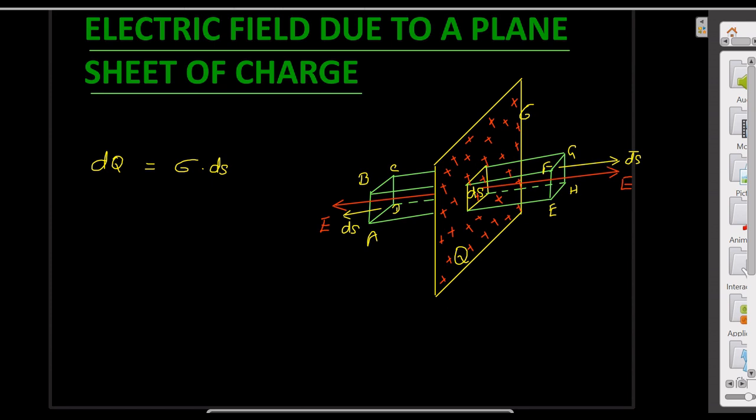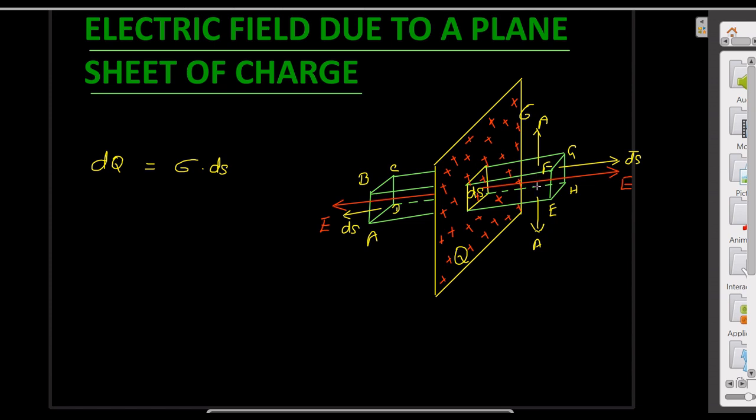But if we consider the other surfaces, this is the area vector and we know the electric field is along this direction, angle is 90 degrees. For this surface, this is the area vector and this is the electric field. Area vector and electric field are making 90 degrees. For the other surfaces also we can see electric field is always perpendicular to the area vector.